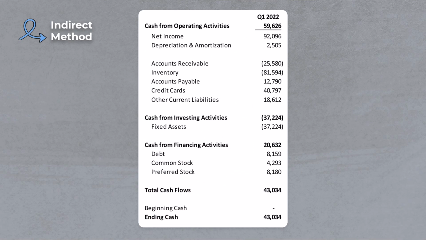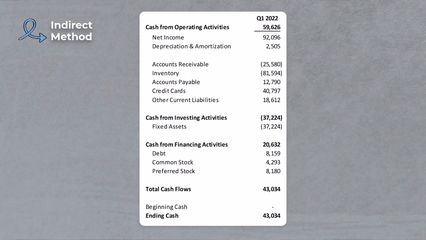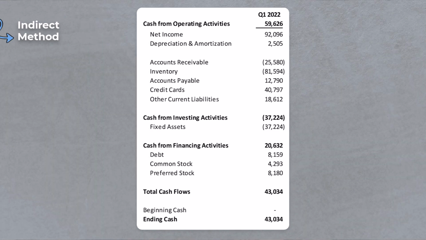All of it reads in pretty plain English. But the challenge is, it's really tough to prepare a statement of cash flows using the direct method. Unlike the indirect method, you need a lot more details outside of the activity you could find on your P&L and balance sheet, which is why many companies prepare a statement of cash flows under the indirect method.